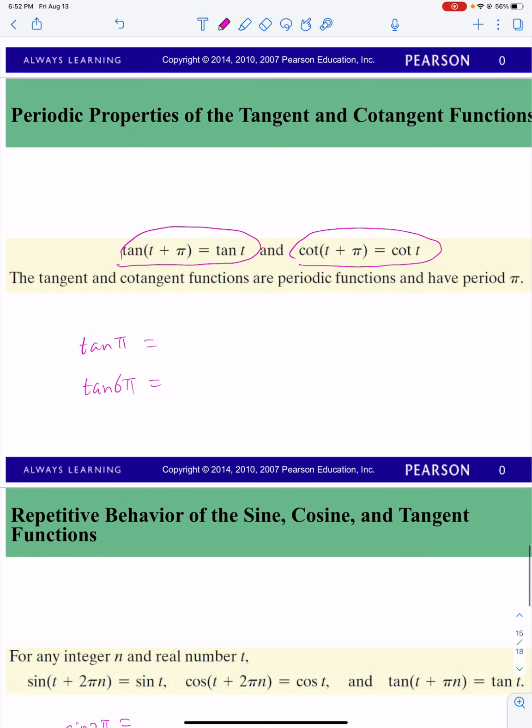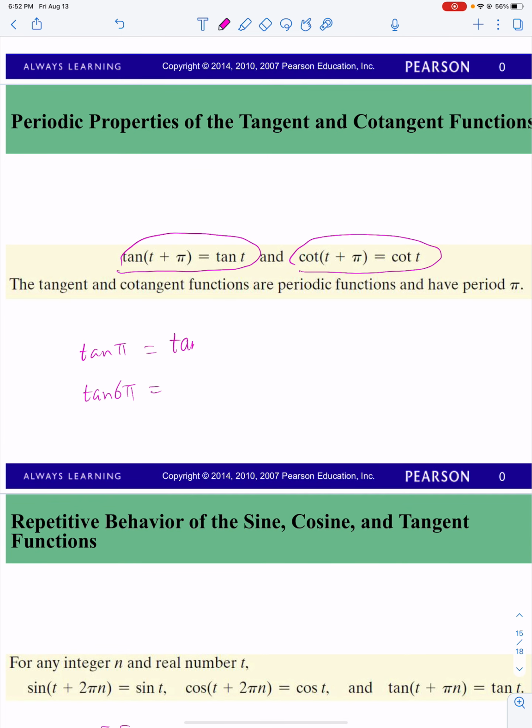In your homework, you have some questions like this: tangent pi, tangent 6 pi. What will be tangent pi? It's the same as tangent of 0 plus pi, because pi is the period. So it's the same as tangent 0. What is tangent 0?